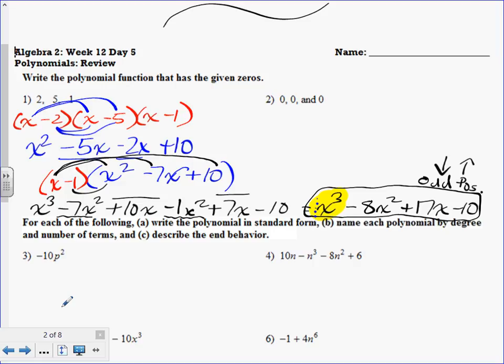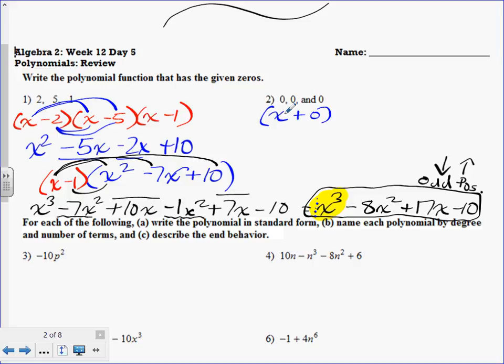How about number 2? All the answers are 0. What would the factors be? What would you put in parentheses? X plus 0 or x minus 0?